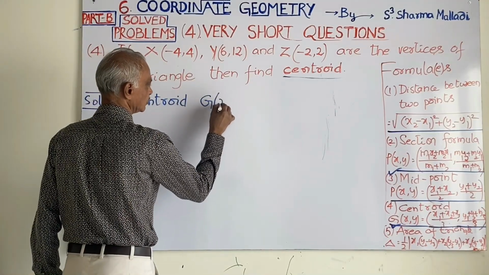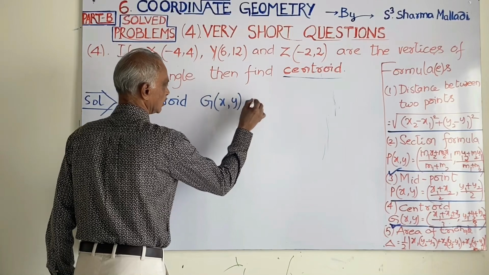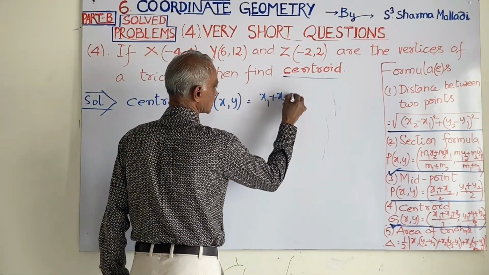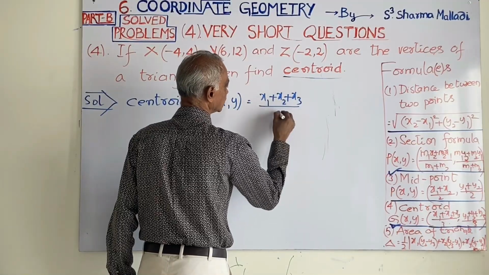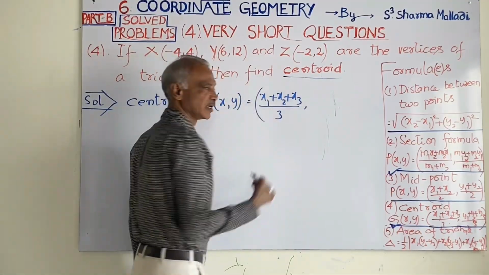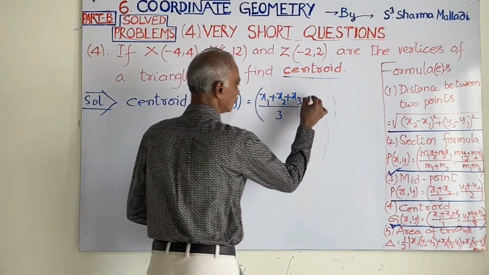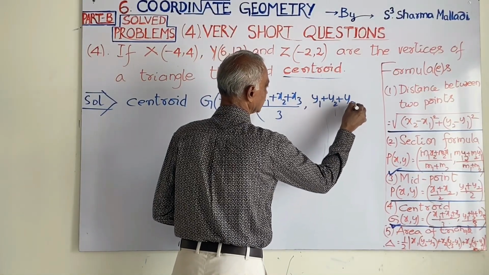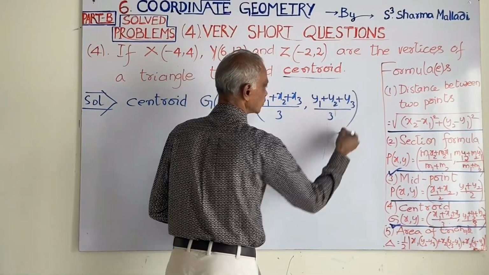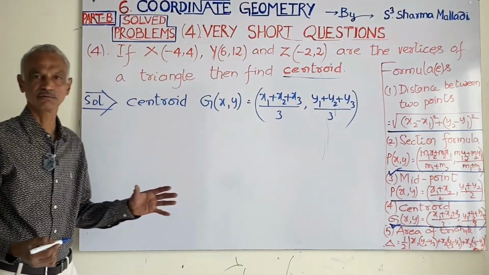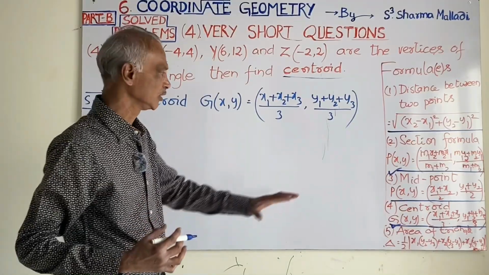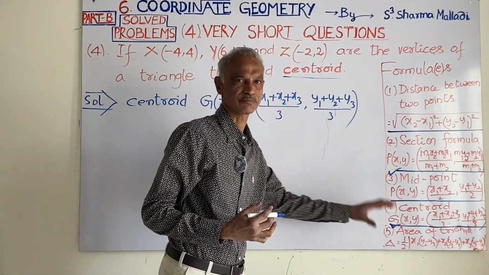G(x, y) equals x1 plus x2 plus x3 by 3 as the x coordinate, and the y coordinate will be y1 plus y2 plus y3 by 3. You should know the formulas, and when you solve problems in coordinate geometry, you have to write the formulas like this.